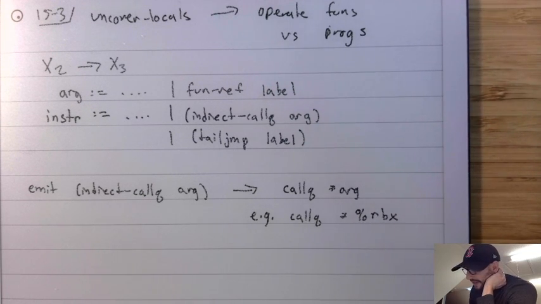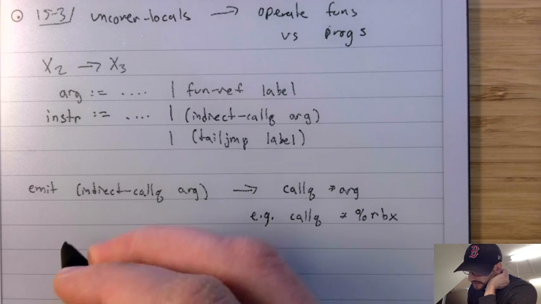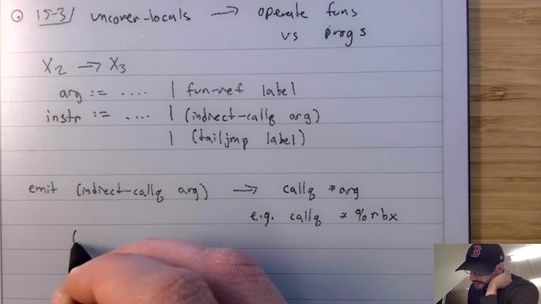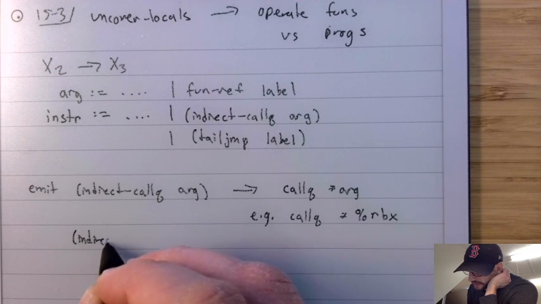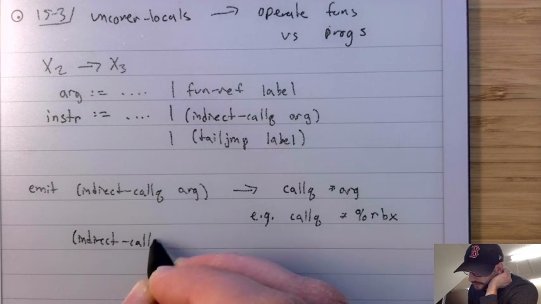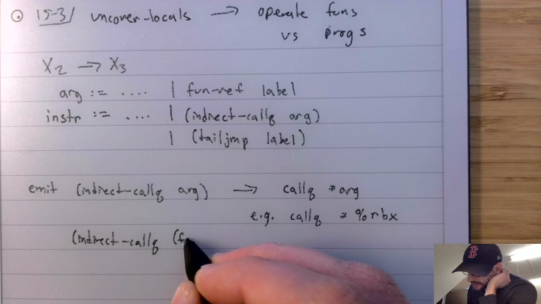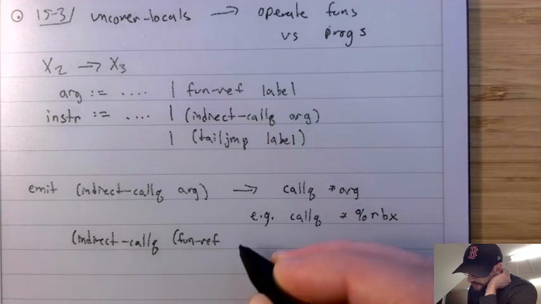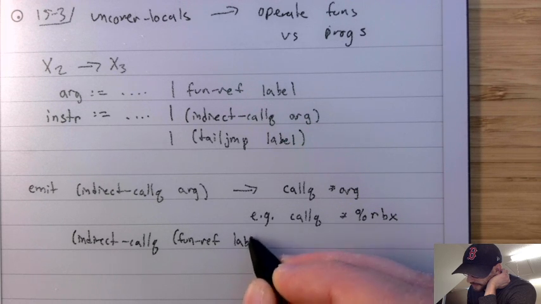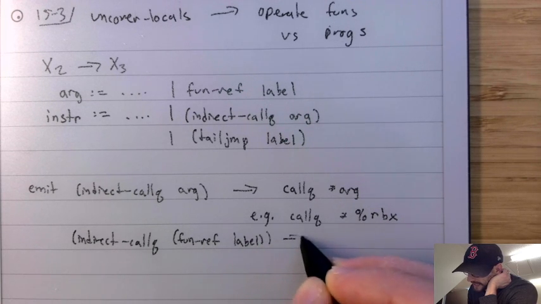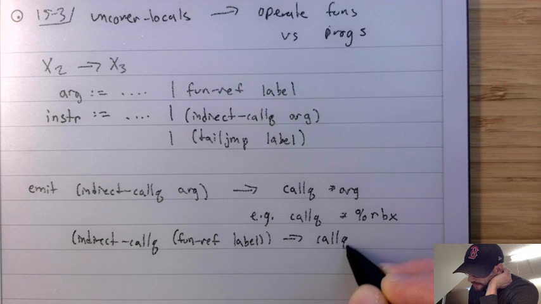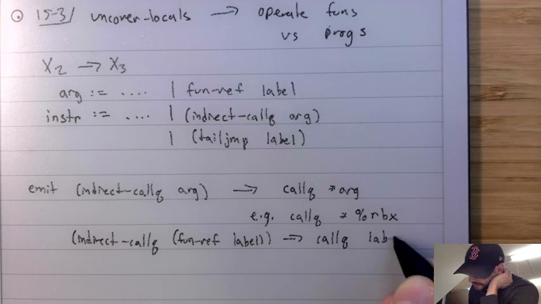But now you're going to have a special case: when there's an indirect callq to something that is known to be a function reference, then in that case, you'll just generate a normal callq.